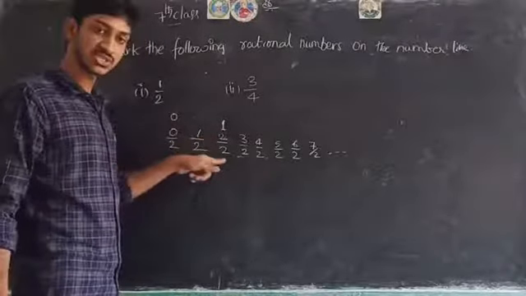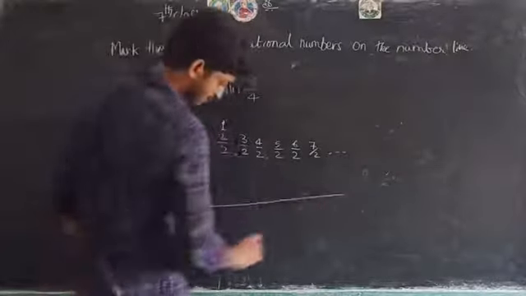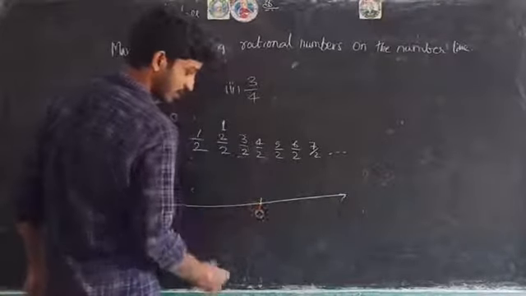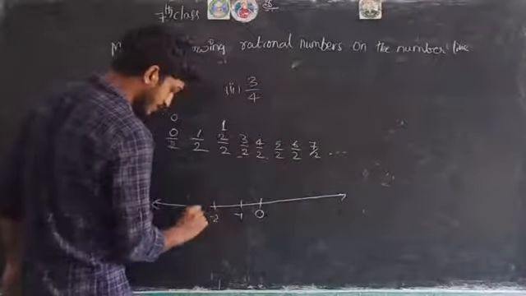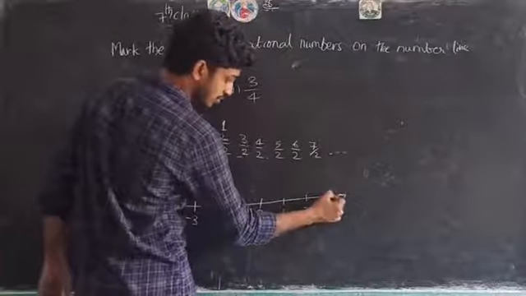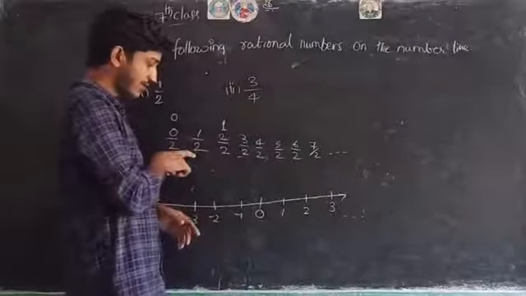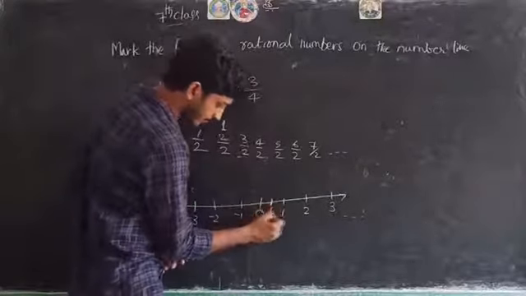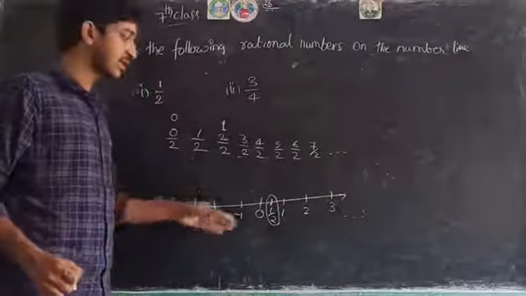Okay children, draw a number line and represent numbers on this line. 0 here, negative numbers on the left side of 0: minus 1, minus 2, minus 3 and so on, and positive numbers on the right side: 1, 2, 3 and so on. So here is the 1 by 2.